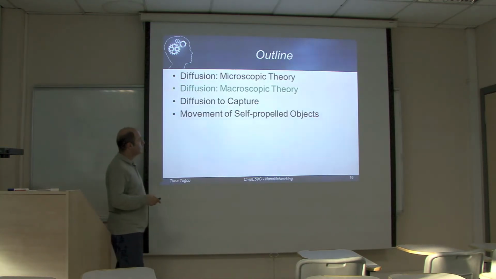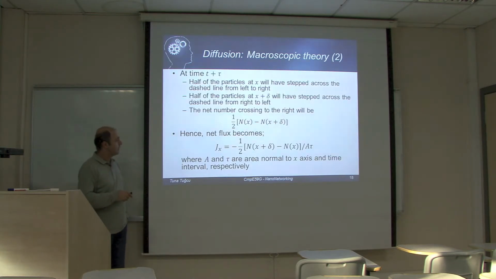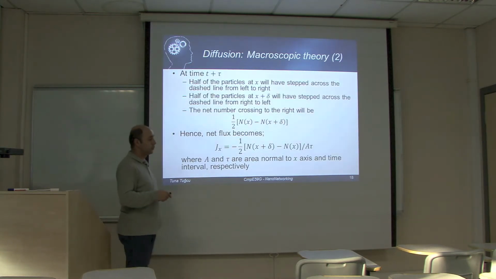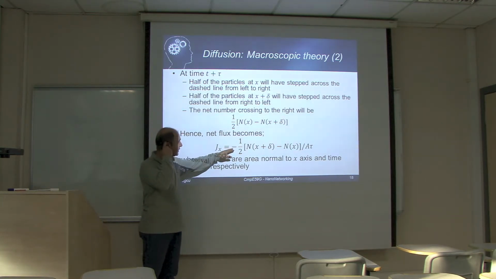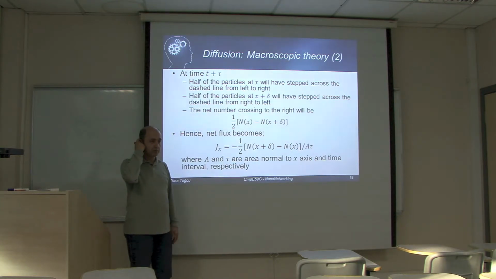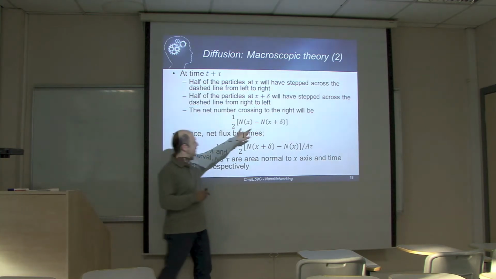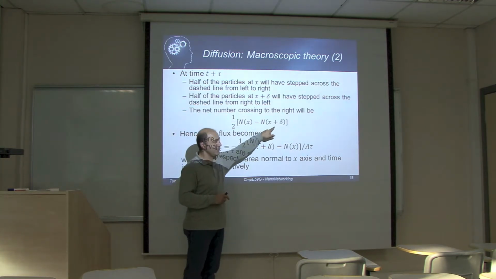So the net flux would be the number of molecules over that volume. Okay? One thing, where did this minus come from? You changed it. I changed the order. This was x minus x plus delta.